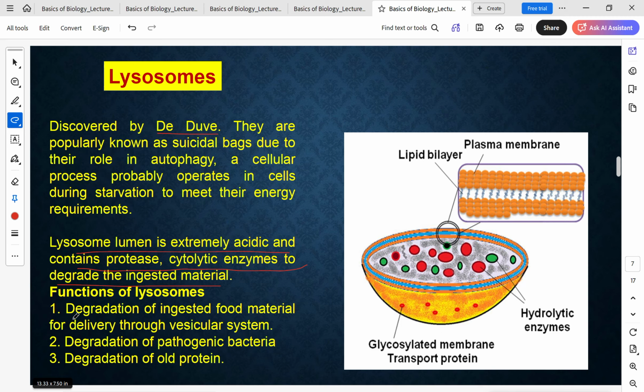Functions of the lysosome include degradation of ingested food material for delivery through the vesicular system, degradation of pathogenic bacteria, and degradation of old protein. In cells such as macrophages and dendritic cells, the lysosome, after degrading the pathogenic bacteria, then does antigen presentation.